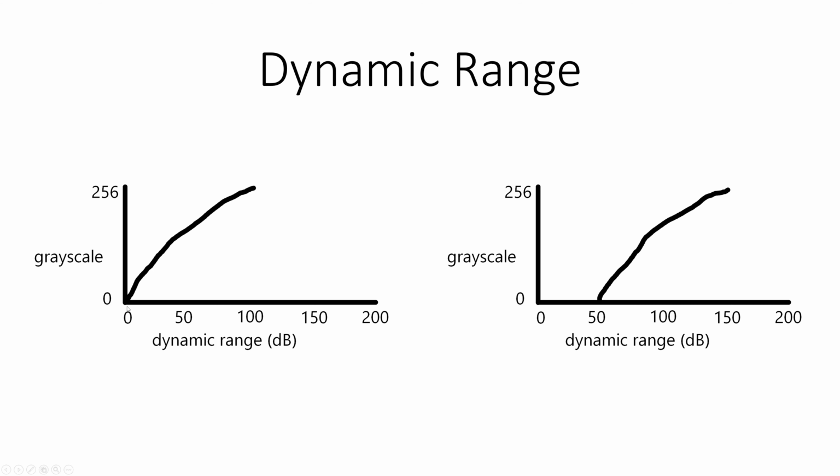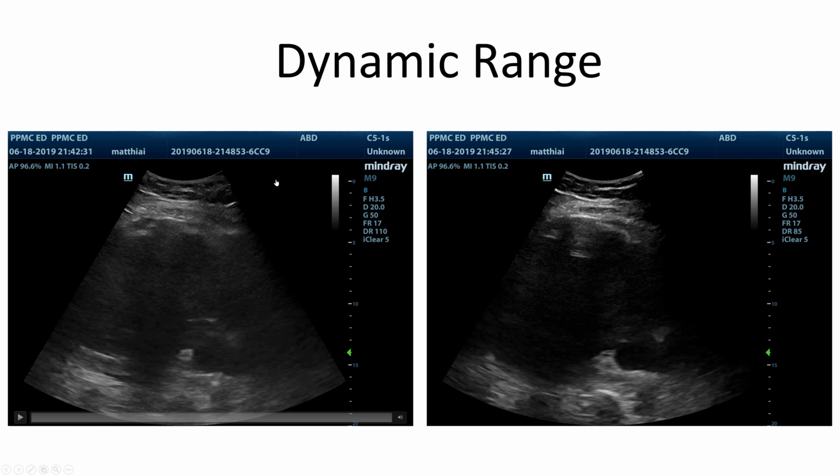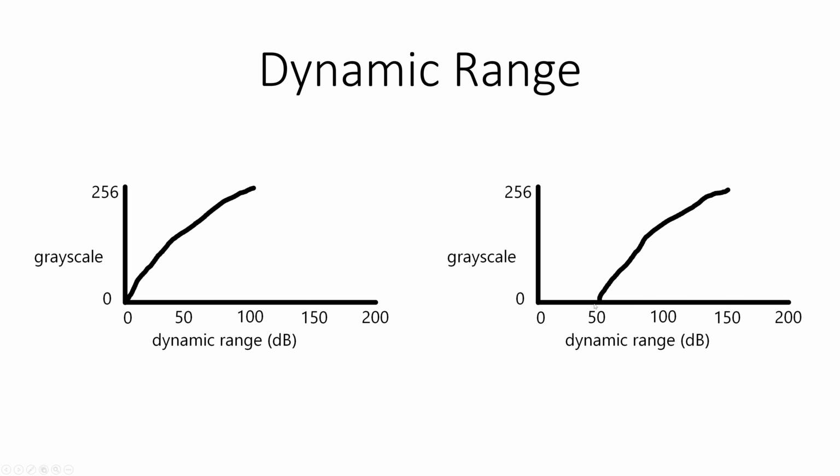This one is assigning grayscale values to a dynamic range of decibels from 0 to 100, so a machine will show 100 up here in the dynamic range spot. And here is a curve where that runs from grayscales assigned to 50 decibels of loudness up to 150 decibels of loudness. So 150 minus 50 is once again 100, exact same as this compression curve on the left.